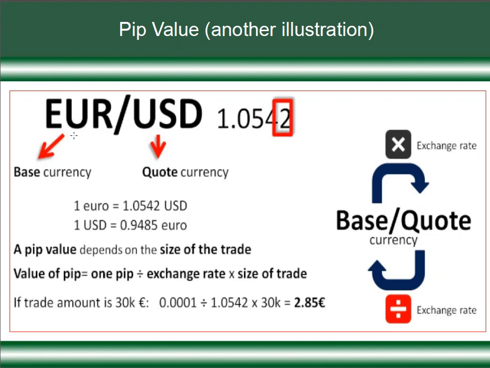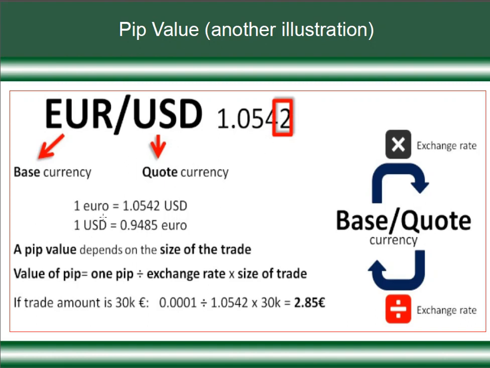To get the pip value of Euro USD, where the exchange rate is 1.0542, remember the pip is located at the fourth digit after the decimal, in this case at 2. Euro is your base currency. USD is your quote currency. For you to have 1 euro, you need 1.0542 USDs.